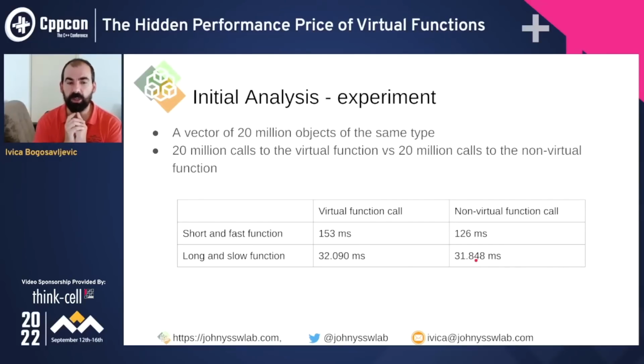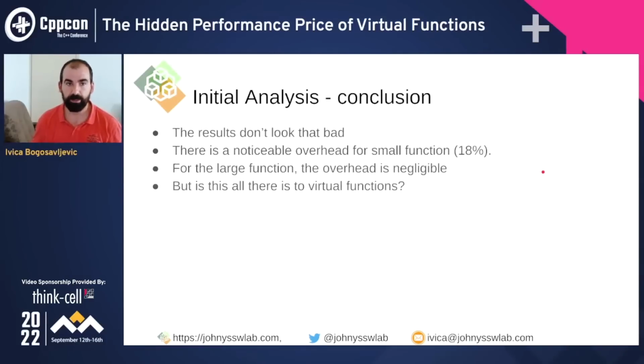So in the case of the long and slow function, there is almost no difference between a call to a virtual function and a non-virtual function. So what does this tell us? There is some slight overhead of using virtual functions, which for a short and small function is measurable, but for a long and slow one, it's almost invisible. So the results don't look that bad.